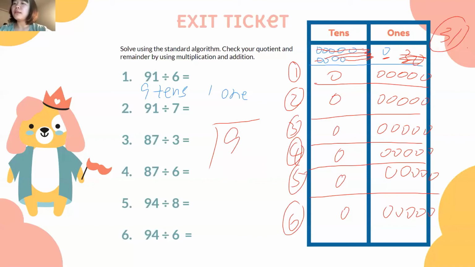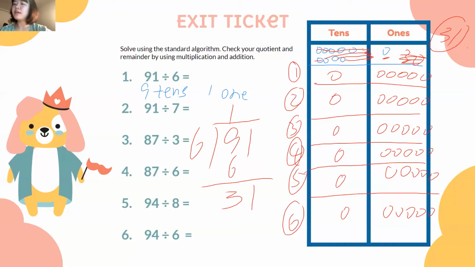So 91 divided by 6, and we're putting 1 for the tens place of the quotient, because we can only give 1 ten to each group. And 9 minus 6 gives us 3 tens. 90 minus 60 gives us 30.